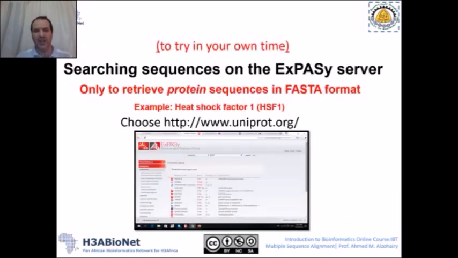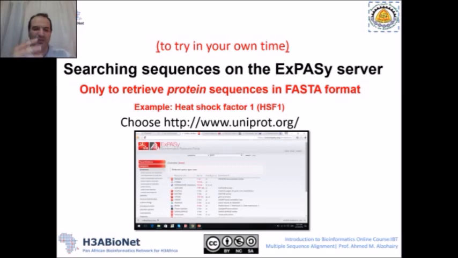In your own time, you can do some practical. Simply, you can isolate or retrieve some protein sequences. I suggest here heat shock factor 1. For heat shock factor 1, you can go to ExPASy.org and just search for heat shock factor 1, HSF1.